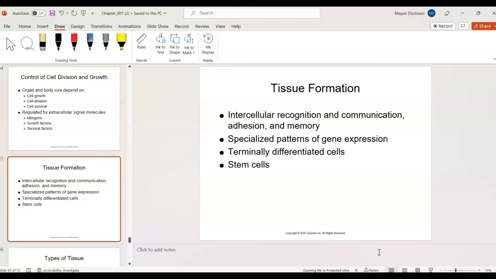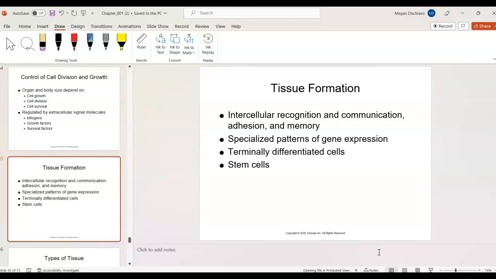Tissue formation. A tissue is created of similar cells. They will have different ability to connect to each other, just as we spoke earlier about cardiac cells having gap junctions and tight junctions in our GI tract. Different cells have different attributes.